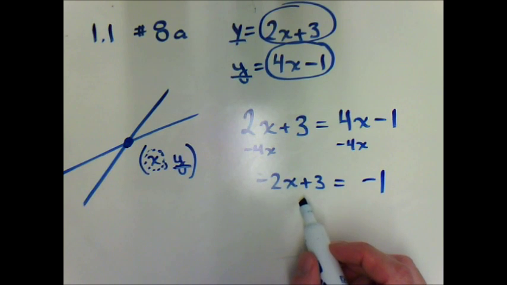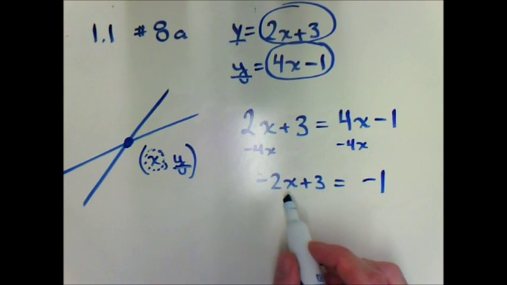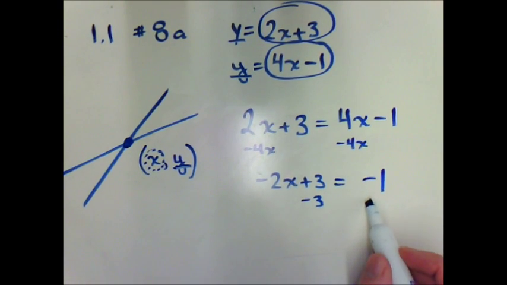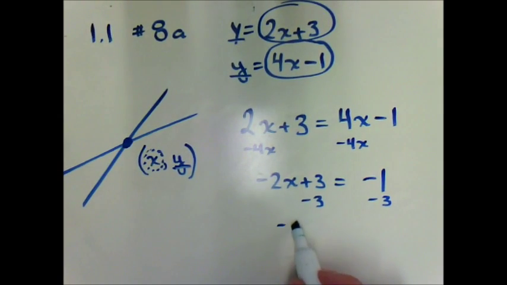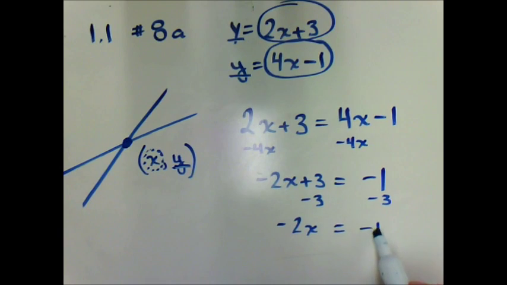Now I need to subtract 3 in order to isolate the term with x in it. I need to subtract 3 from this side, and do the same thing on the other side in order to keep it equal. So on the left, I'm left with negative 2x, and on the right, I have negative 1 minus 3, which is negative 4.